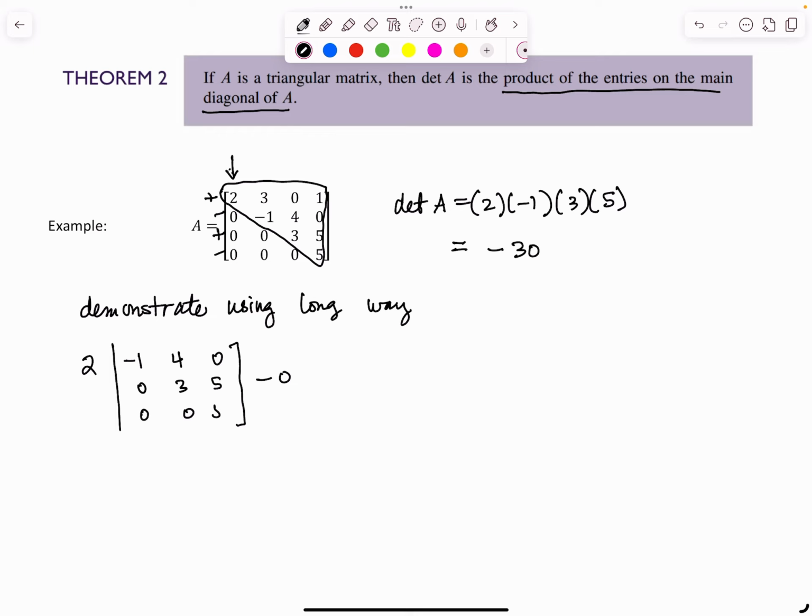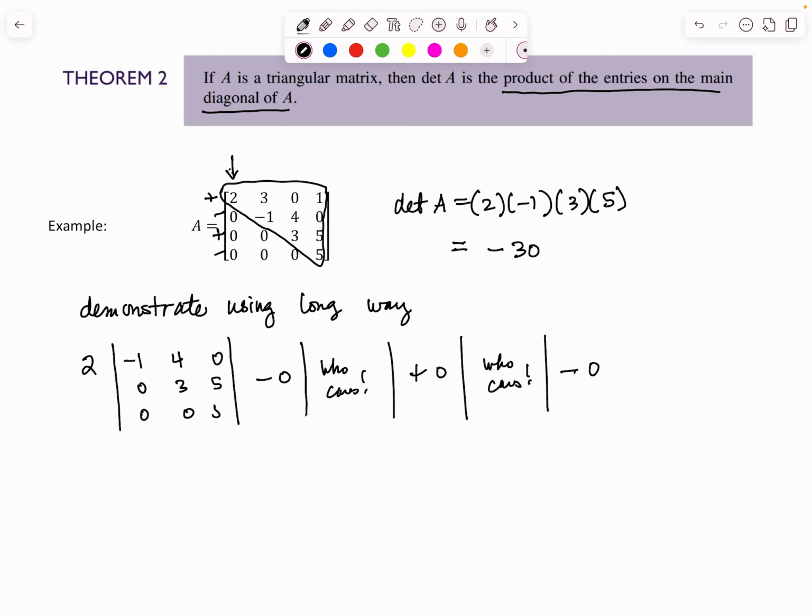And then I'm going to have minus 0 times some determinant. Sorry, this should be a determinant, not a matrix. Who cares, because I'm going to multiply by 0. I don't even care what this thing is, because I'm ultimately multiplying the determinant by 0. So I'm not going to do that work. All of these are just going to be 0, 0, 0.